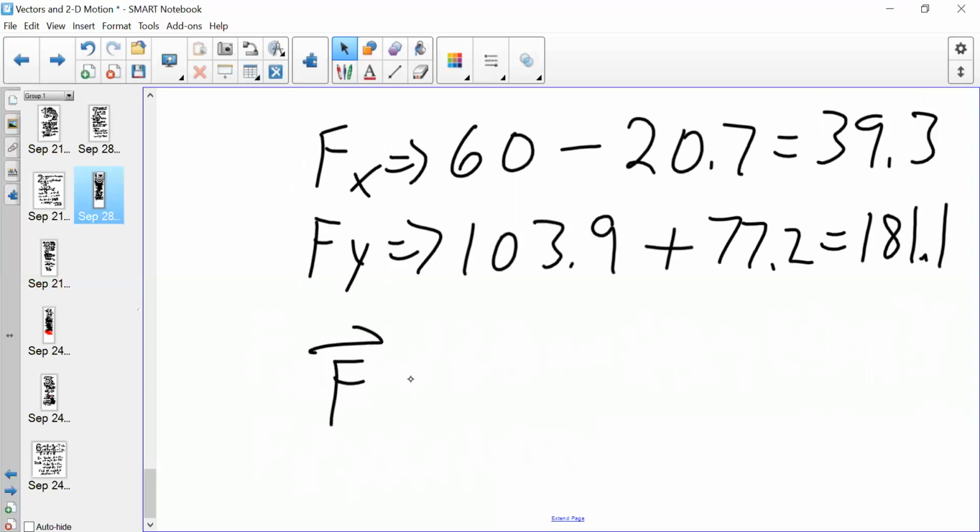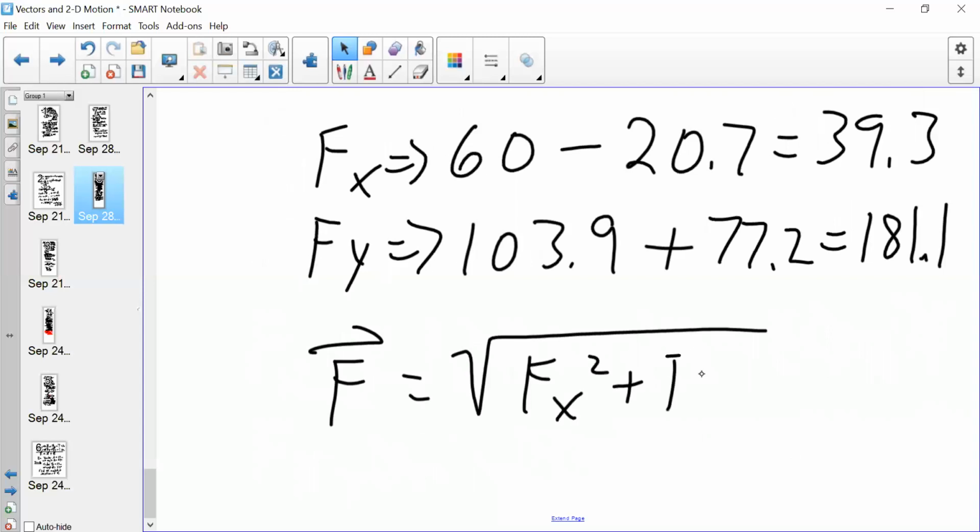So the resultant will be everything in the X, everything in the Y.